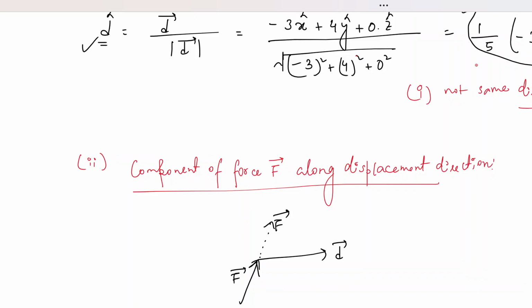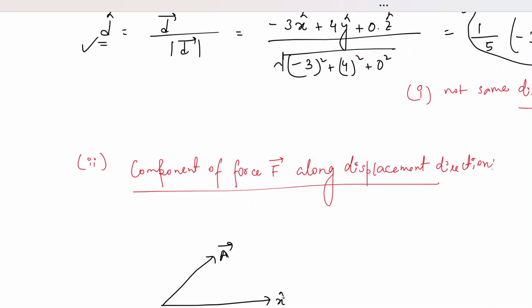Or let's say, for an even simpler approach so that it does not confuse you, let us take this as a general vector A, this is your x-axis and this is your y-axis.